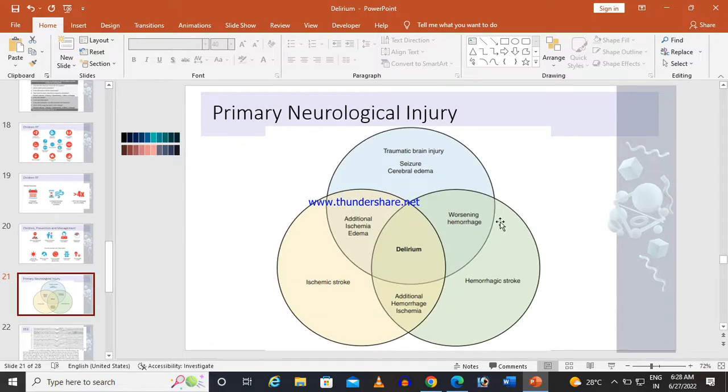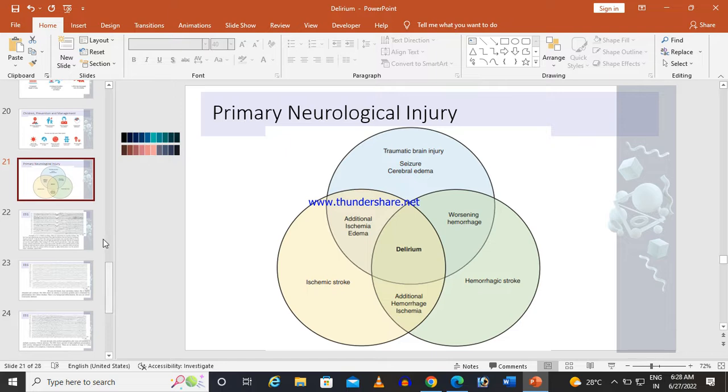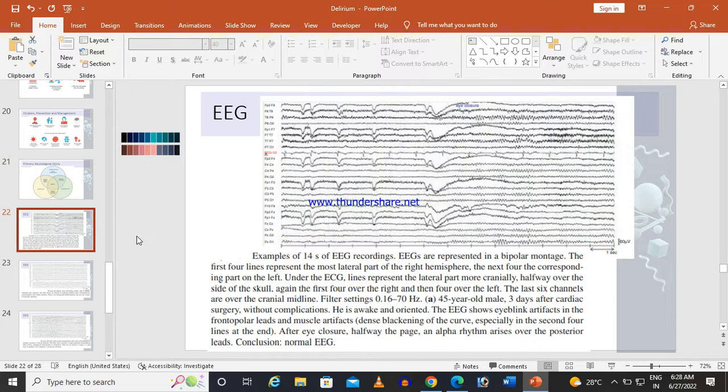So this is a figure which elaborates the various kinds of primary injury and the percentage of delirium caused due to primary neurological injury. Here, because I am doing some clinical research work on evoked potential and EEG.